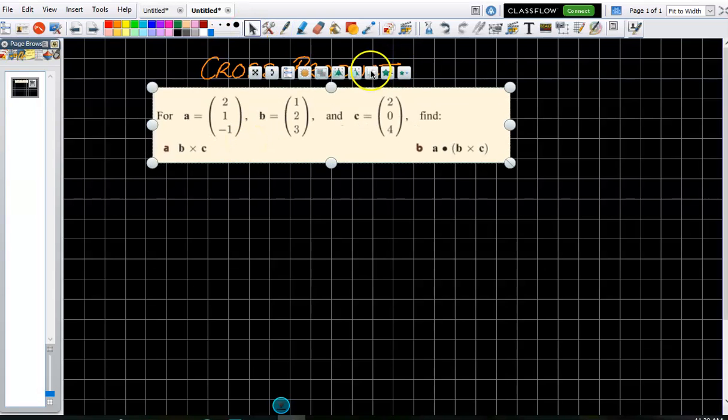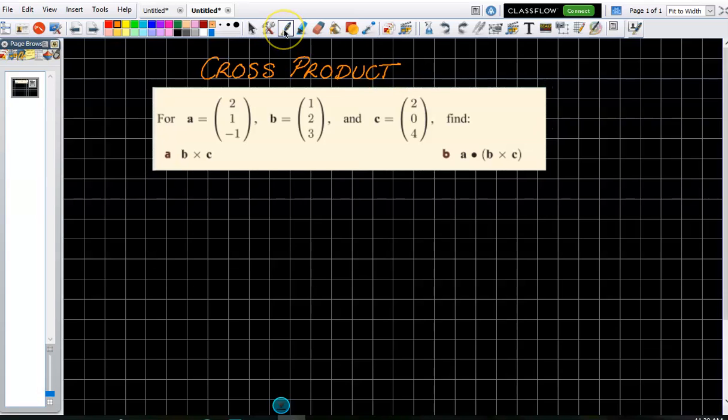Absolutely we should remember it from the determinant last year, but we'll just work through this one together. So if we want the cross product of B cross C, B is going to be 1, 2, 3.